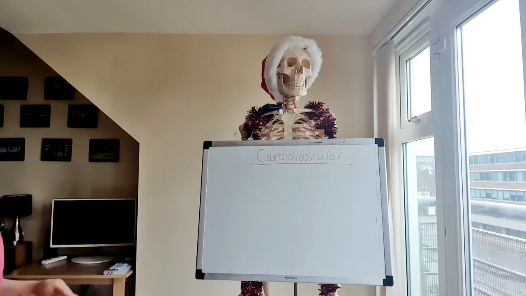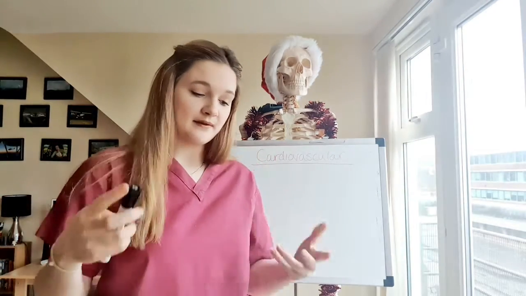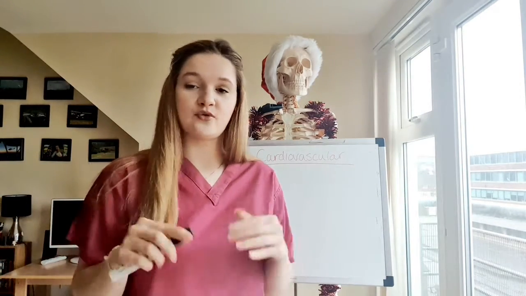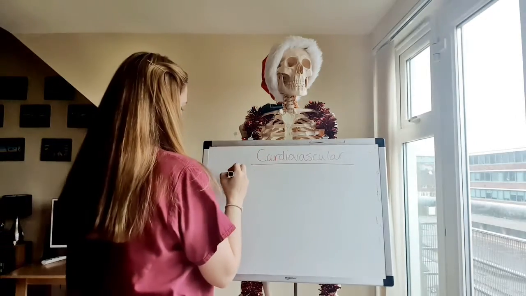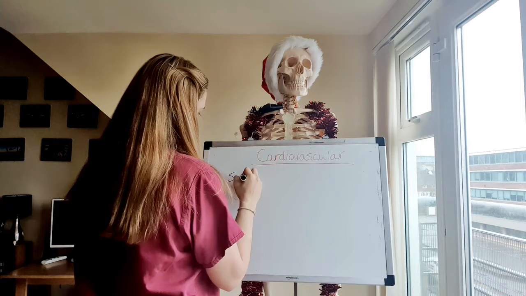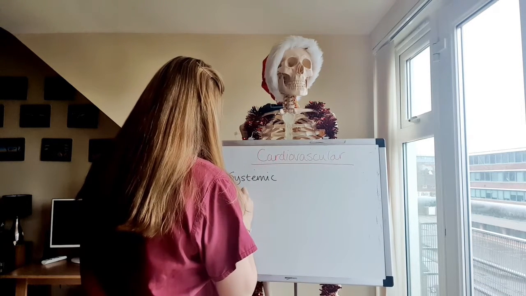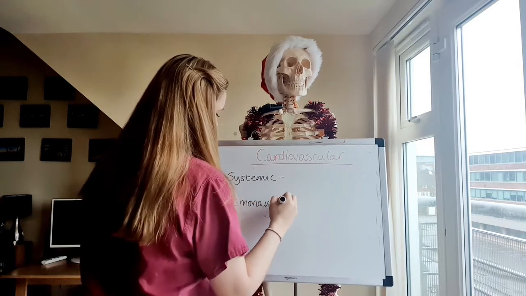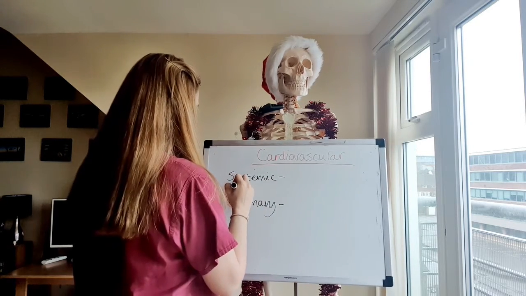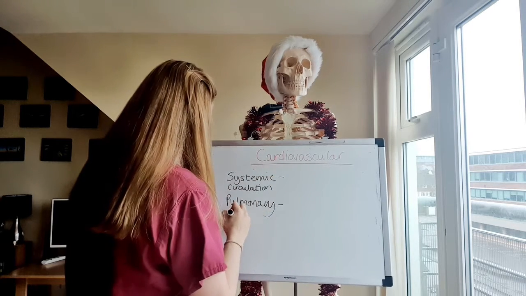So in humans we have what's called double circulation, and that just means that the blood passes through the heart twice on each circulation of the body. So we have systemic and pulmonary circulation.